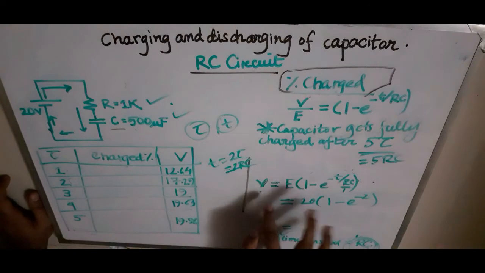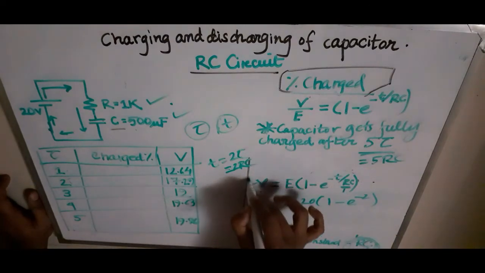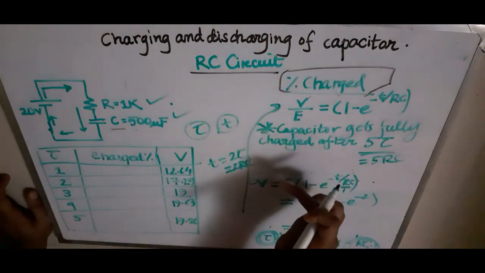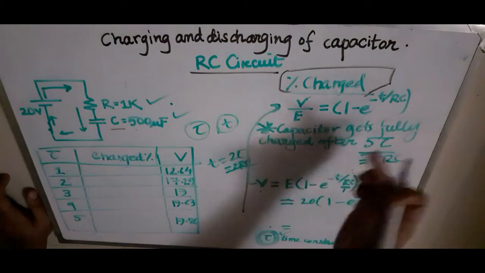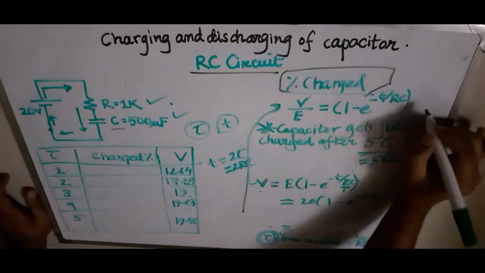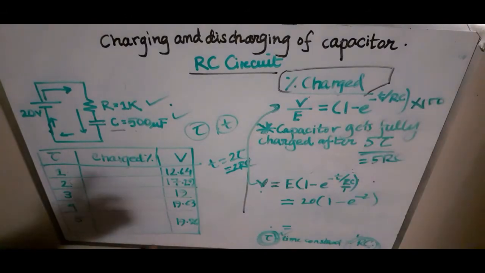If we just tweak this original formula a little bit, we can easily write this: V over E is equal to 1 minus e to the power minus t over RC. If we simply multiply this with 100, we'll get the percentage of charging.